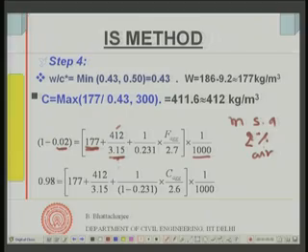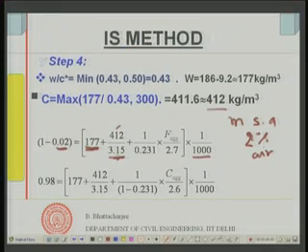What would be the volume occupied by cement? 412 kg is the amount of cement divided by 3150, that is 3.15, the specific gravity, which is basically relative density with respect to water. So, if this had a density of 1000, this will be 3.15 times 1000. So, divide this by 3.15.